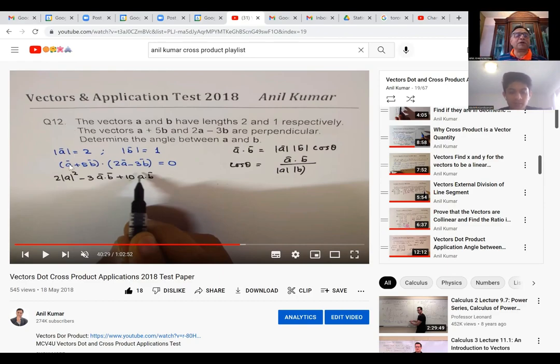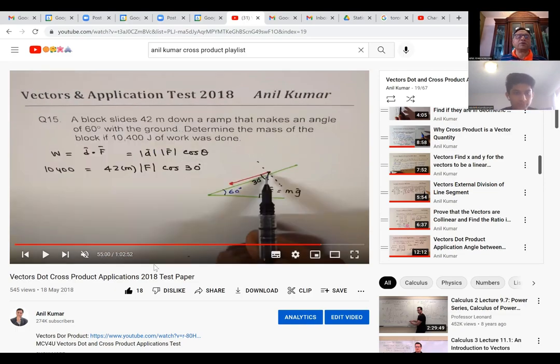When you do the dot product of this expression, since you know that the dot product of a plus 5b and 2a minus 3b is 0, you get an equation, and you're given the magnitudes of a and b. So from this equation you can isolate a dot b and get the answer. Very interesting question from a test point of view. That is how you're going to do it.